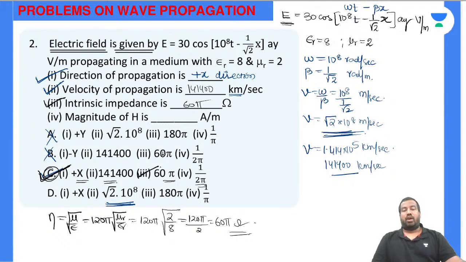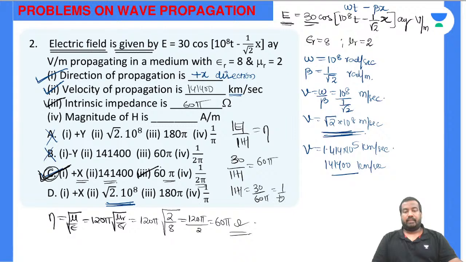Last one, magnitude of H. Mod E by mod H is eta. Magnitude of E is 30. 30 by mod H is eta value 60 pi. Mod H is 30 by 60 pi, 1 by 2 pi. Option C is the answer.